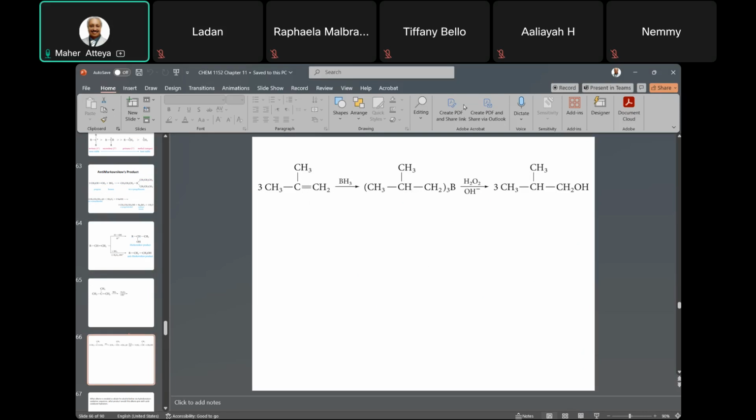And instead of the hydrogen, now the hydrogen is adding itself up. See here? The whole thing, the double bond, is opened up, and you have 3 of them here, correct? And boron. Now you oxidize this in the presence of sodium hydroxide. You get the primary alcohol, not secondary. So the OH is not here.